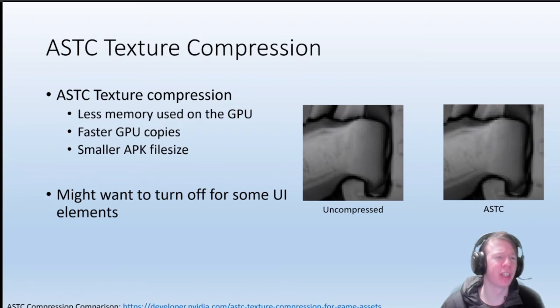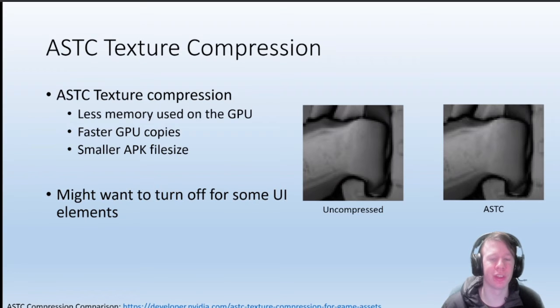You want to set your compression textures to ASTC texture compression, and this should be done if you're developing for any mobile platform like Android or iOS. You're copying less memory to and from the GPU, which means faster GPU copies. You get a smaller APK size, or compiled binary size.